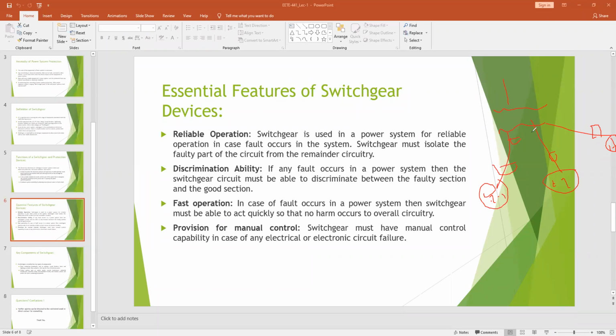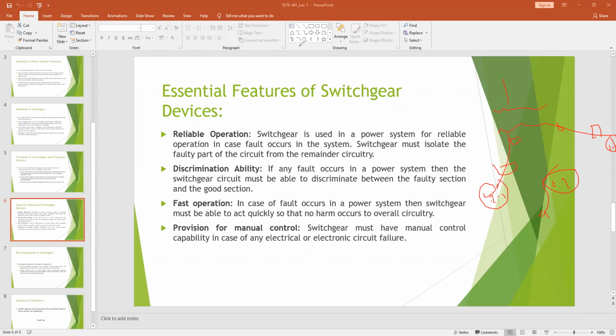Now, for a fault at zone 2, there should not be any disturbance in zone 1 and zone 3 because these are the healthy zones. The switchgear devices have to isolate zone 2 from the power system while keeping the other healthy zones connected. That is called proper discrimination ability.